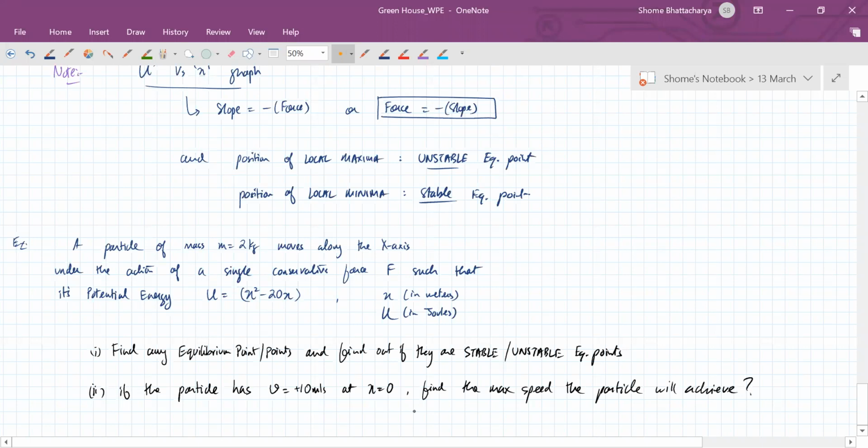Okay. And the maximum displacement from x equal to 0 along the positive x direction. What is the maximum displacement it will achieve along the positive x direction? Next, we will work out this question based on the concept that we've learned above.